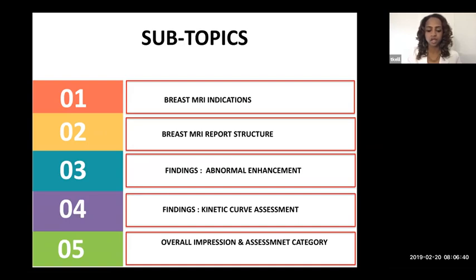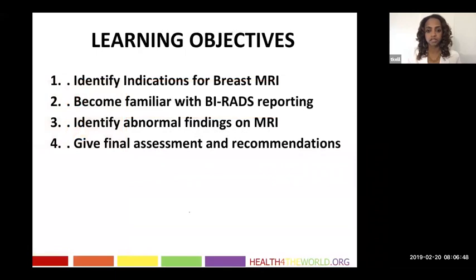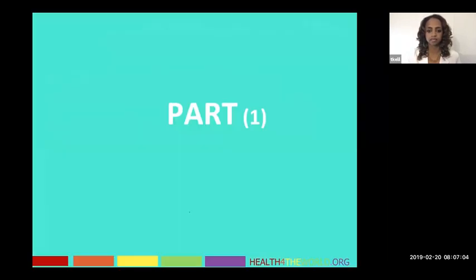And finally, we'll talk about giving an overall impression and assessment category and recommendations to your clinicians. So the learning objectives at the end of the lecture, hopefully you would be able to identify indications for breast MRI, become familiar with BI-RADS reporting and structure your MRI report, identify abnormal findings on MRI, and give final assessment and recommendations.